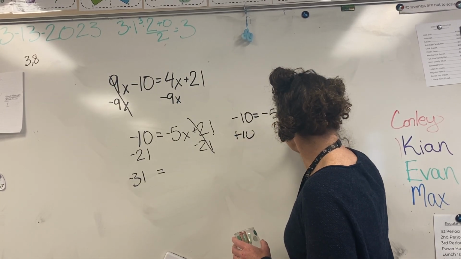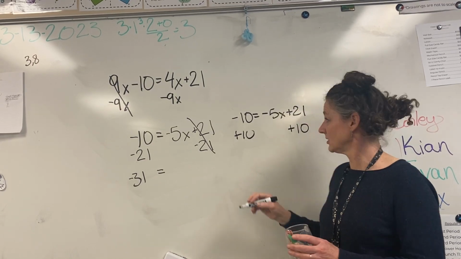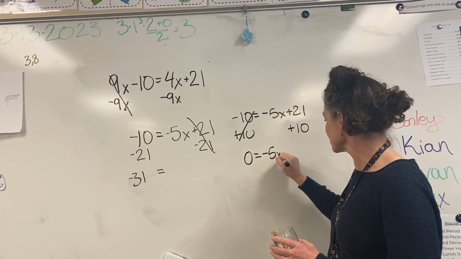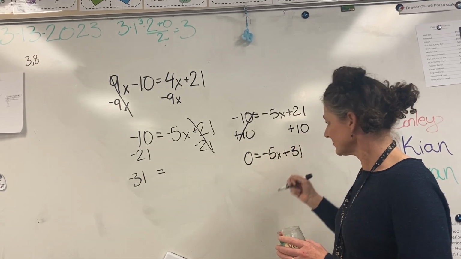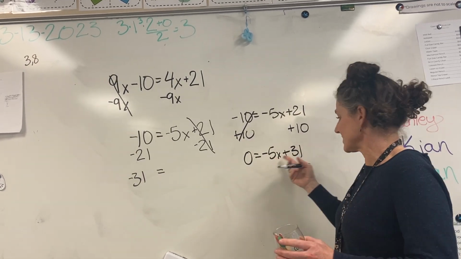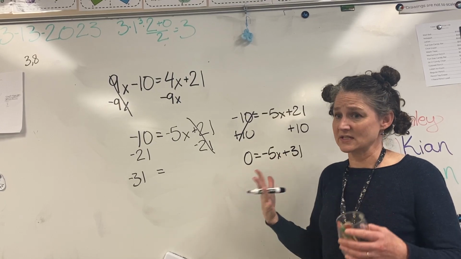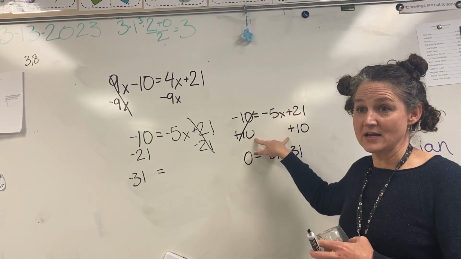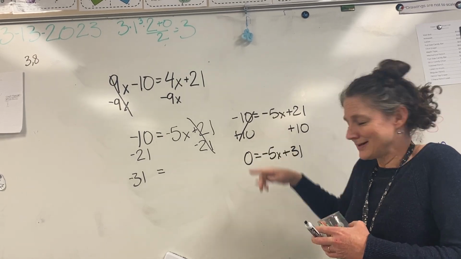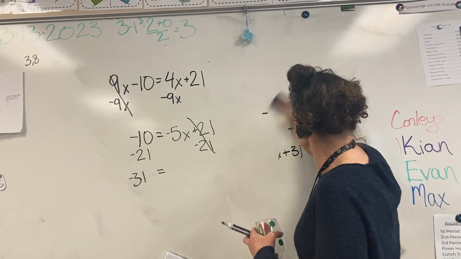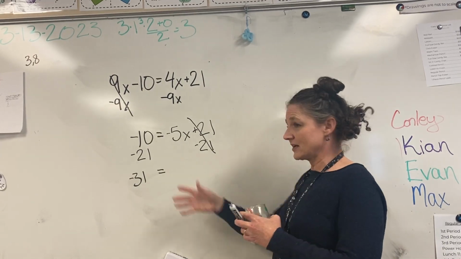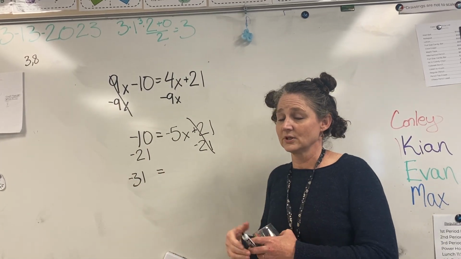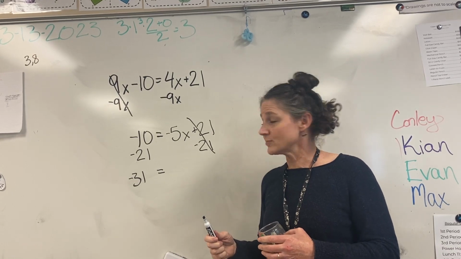That is mathematically completely legal. Now I have 0 equals negative 5x plus 31. I haven't separated my x's and my not x's. The point of doing this is to separate our x's and our not x's. So while you could do that, should you do that? No. Really not, probably. You could sit there adding and dividing and multiplying onto this all day long if you want to. I don't think you should, but you could.